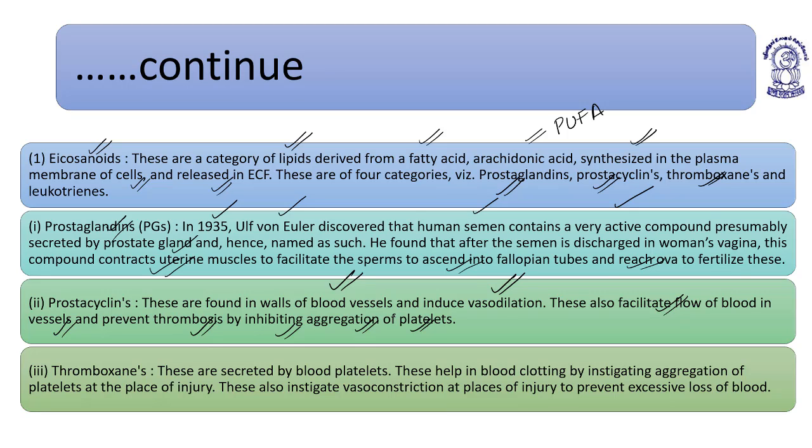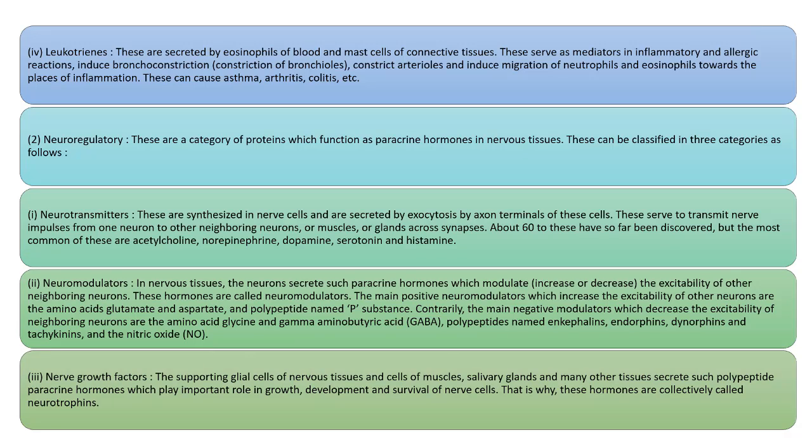Thromboxanes are secreted by blood platelets. They help in blood clotting by instigating aggregation of platelets at the site of injury. They also instigate vasoconstriction at the places of injury to prevent excessive loss of blood.